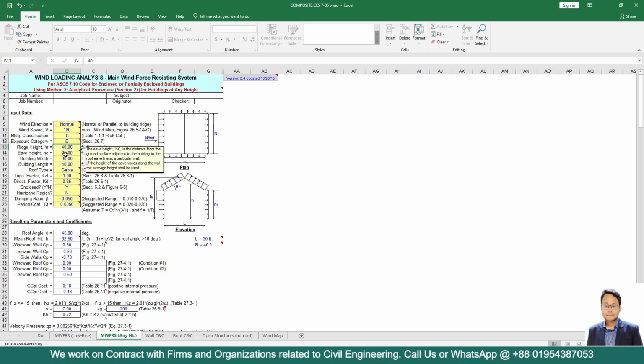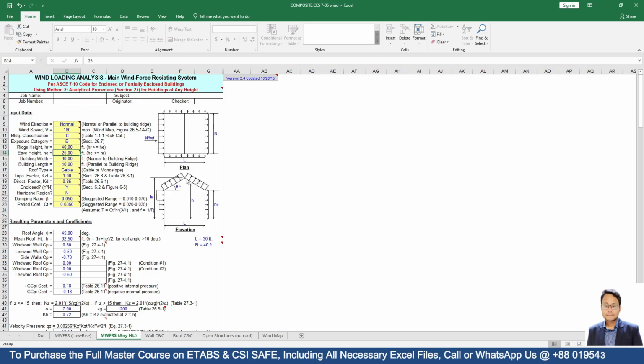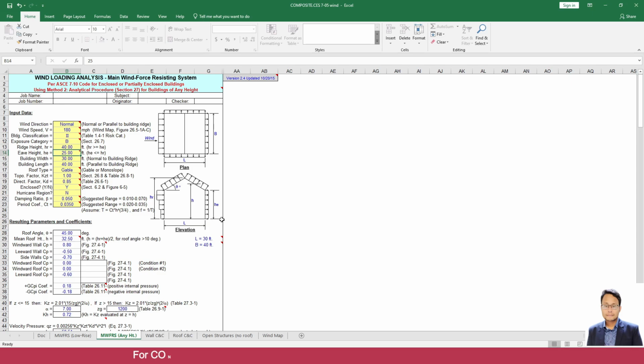Ridge height versus eave height. For our structure, there is no difference between ridge height and eave height. Ridge height means, if you have a gable type slope or monoslope, the point at which two slopes intersect is considered the ridge height. But for our structure, we will consider the same height as we do not have any gable or monoslope type roof.